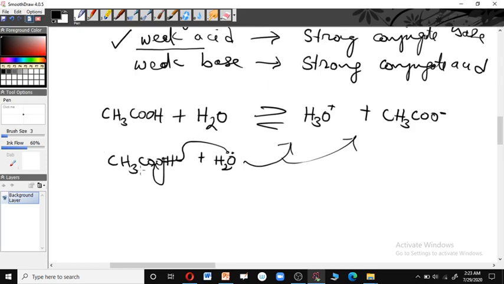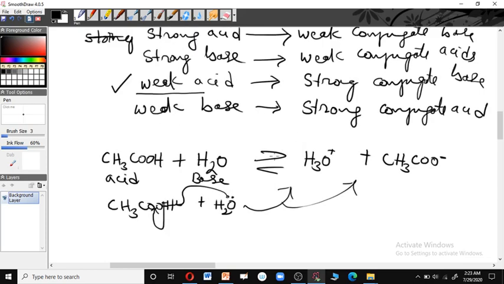So by this reaction, this is a weak acid and this behaves as a base, and a weak acid gives a strong conjugate base. This is the conjugate base, and this is the conjugate acid. It is slightly acidic in nature.